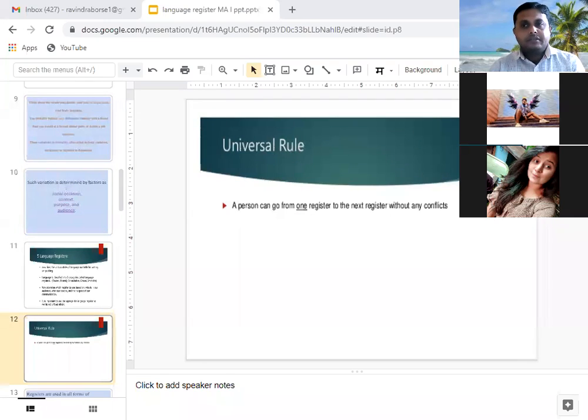Is it difficult for us to change the register? No. After this lecture, you would have a communication with your parents, isn't it? Yes. Will you use the same register with them as you are having with me right now?